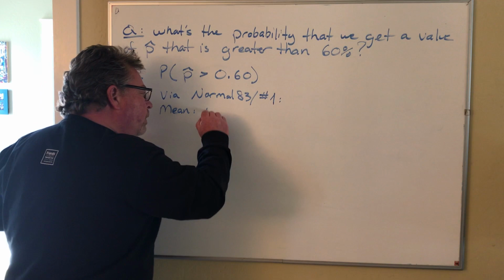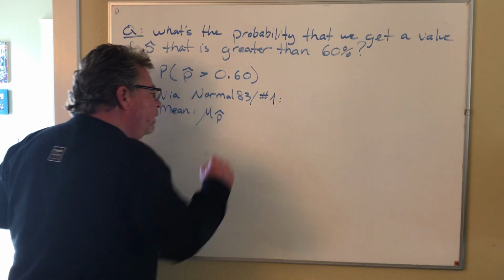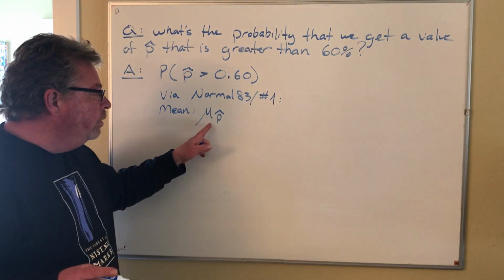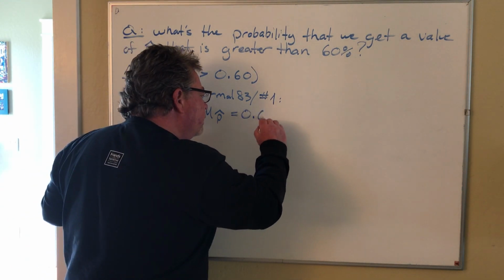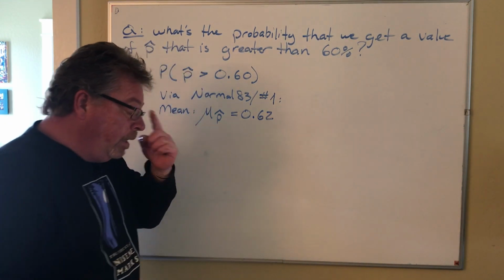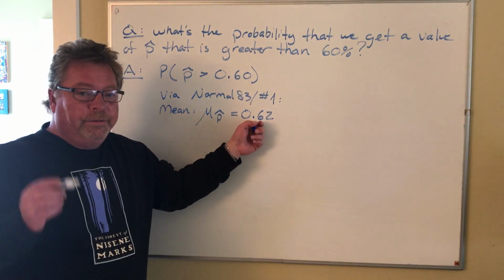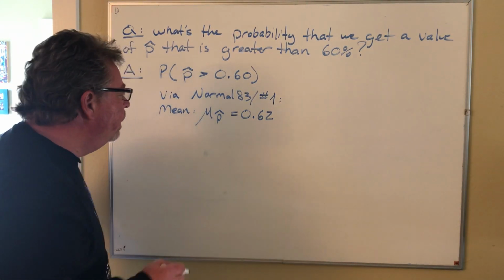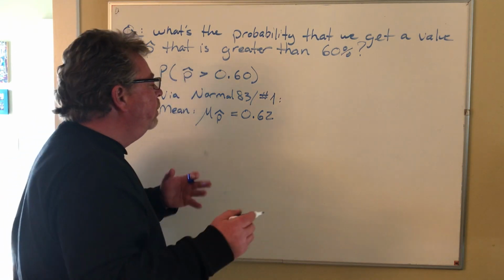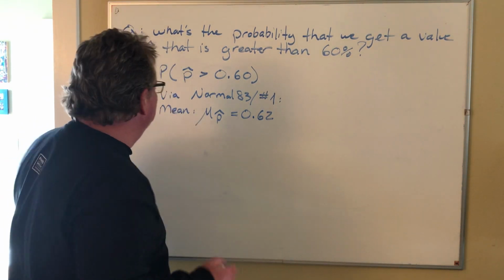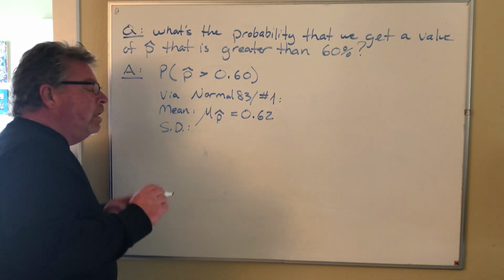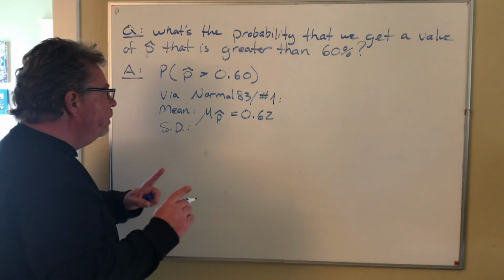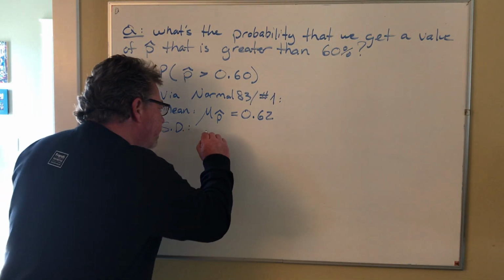The mean here is going to be mu sub p hat, and remember me bugging you about putting the notation here. Mu sub p hat is 0.62. And again, it's vital that these go in as decimals and not as 62. The standard deviation here, let me slow down for a second because this is really important.